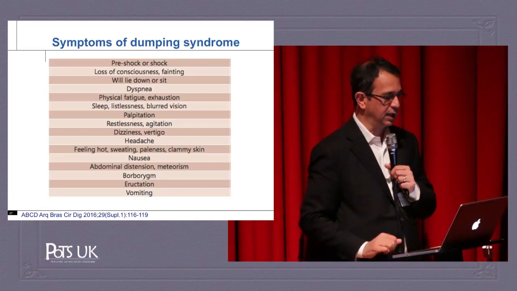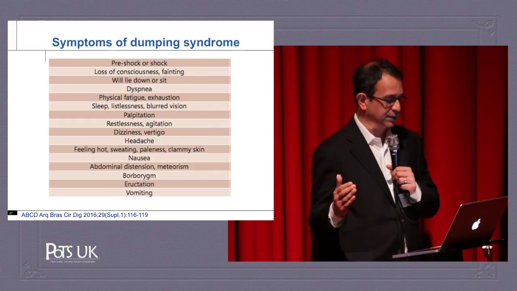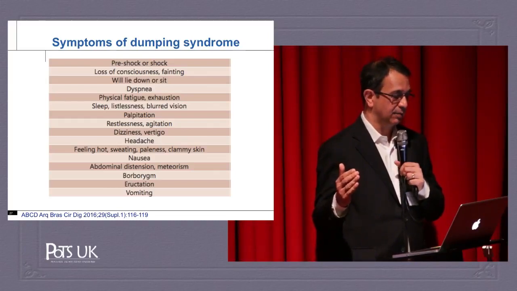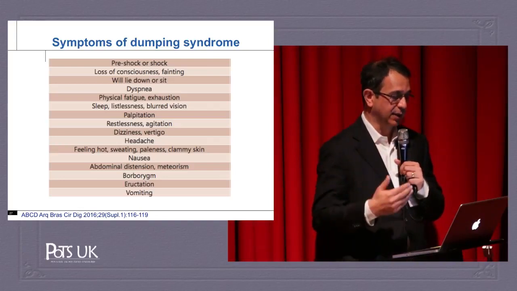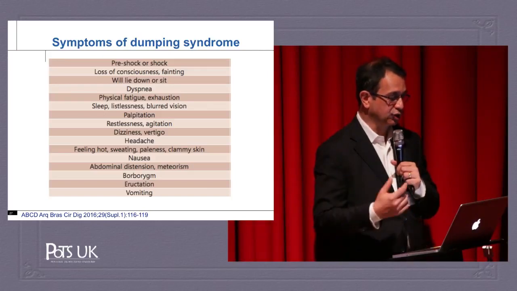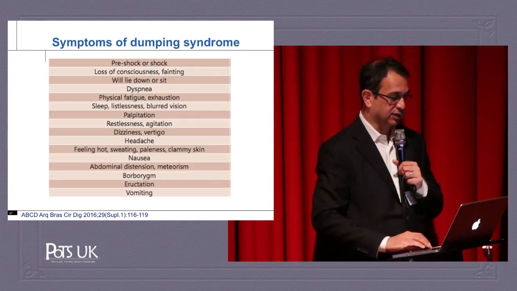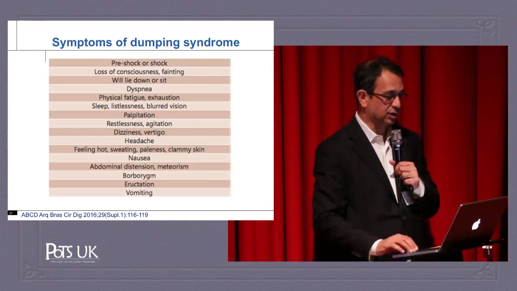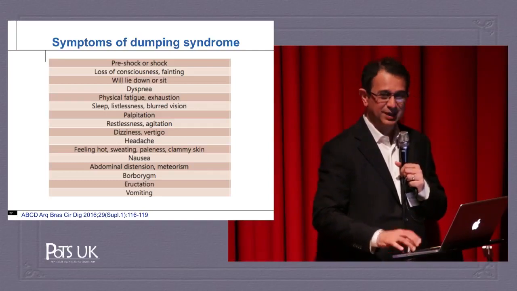so that the management of those is somewhat different. And again, just to emphasize the whole range of symptoms that you can actually get, pre-shock and shock has been identified in some patients at the more severe end of the spectrum: loss of consciousness, fainting, wanting to lie down, shortness of breath, physical exhaustion, listlessness, blurred vision, palpitations, etc. And then lower down you start to see the symptoms of nausea, distension, borborygmy, irritation, vomiting, etc. So pretty devastating, really.